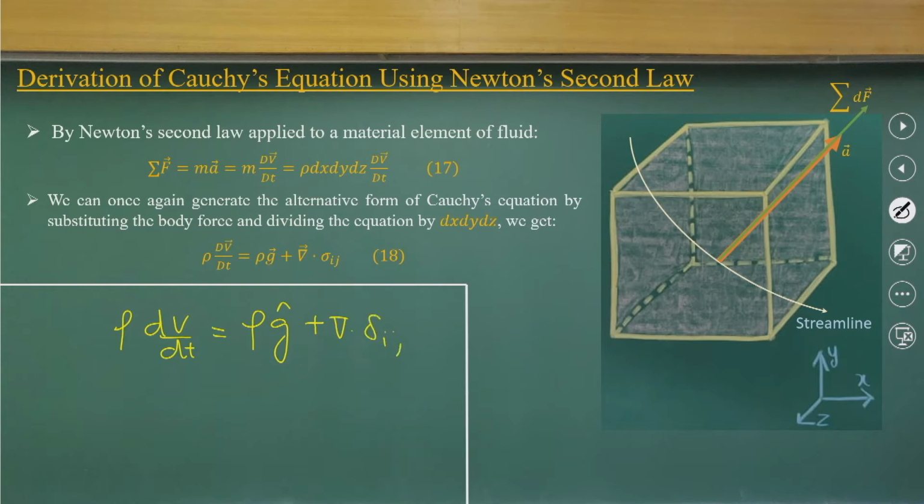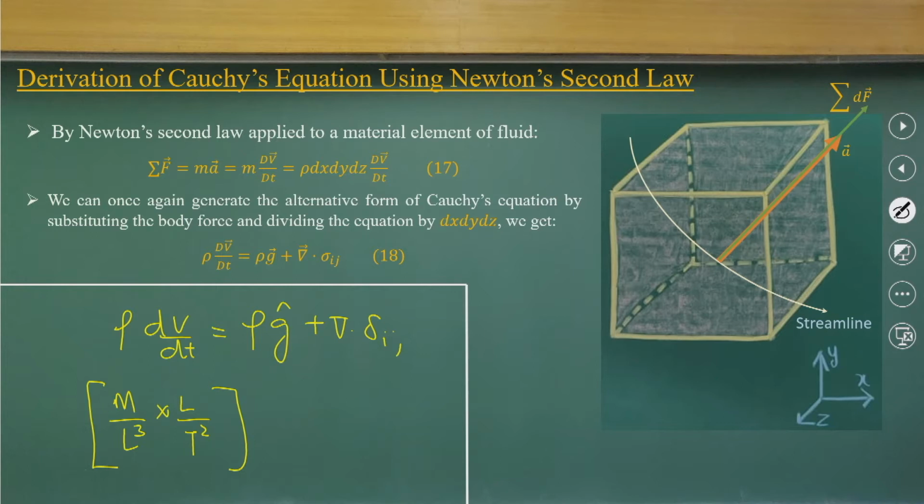What is the dimension of this side? Rho is m by L cubed into acceleration, L by t squared. So, you can just cut it.